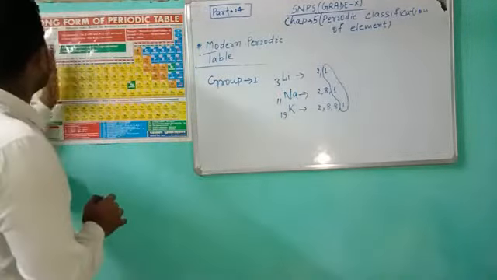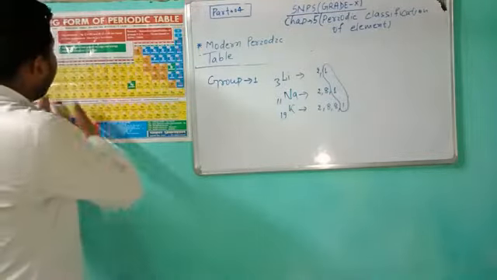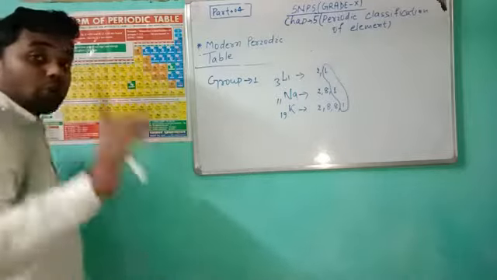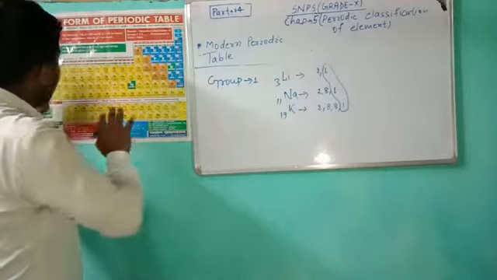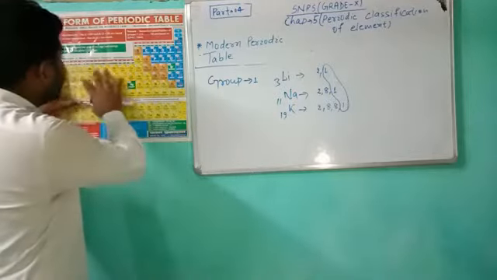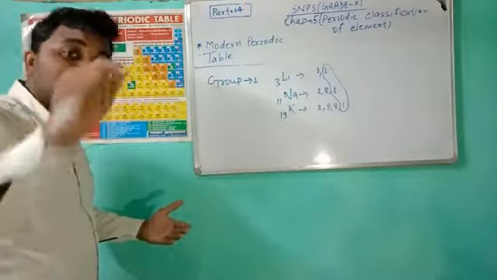The next group is called alkaline earth metals. And one more thing, the elements present in the yellow color, these all are metals.